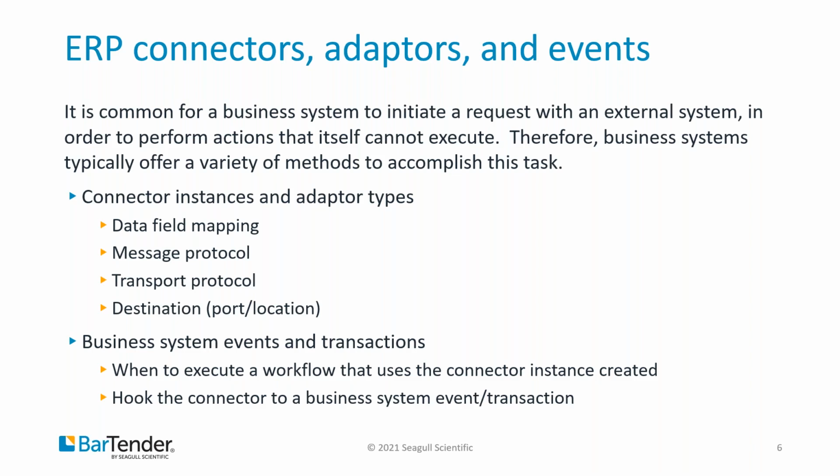And that connector instance, as we come to the bottom there, you would then hook up to a particular event in your business system. Or when you want to execute a workflow in the business system, you would tack on that particular connector type so that it will automatically output that data as a message to the external system, being BarTender in this case.